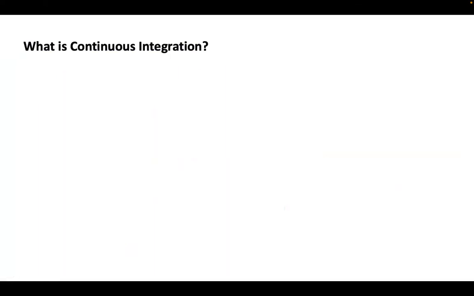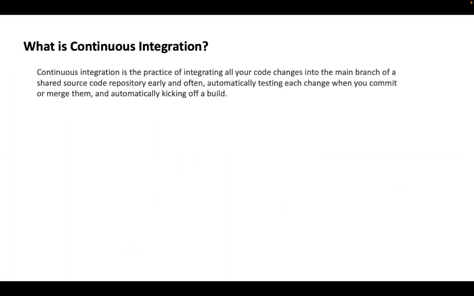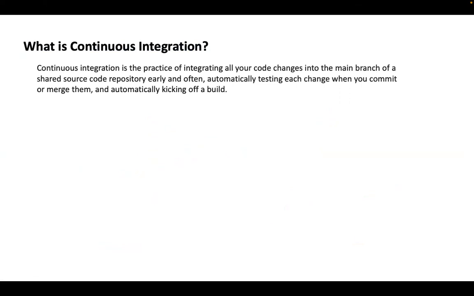So what is continuous integration? Continuous integration is the practice of integrating all your code changes into the main branch of a shared source code repository early and often, automatically testing each change when you commit and merge them, and automatically kicking off a build.